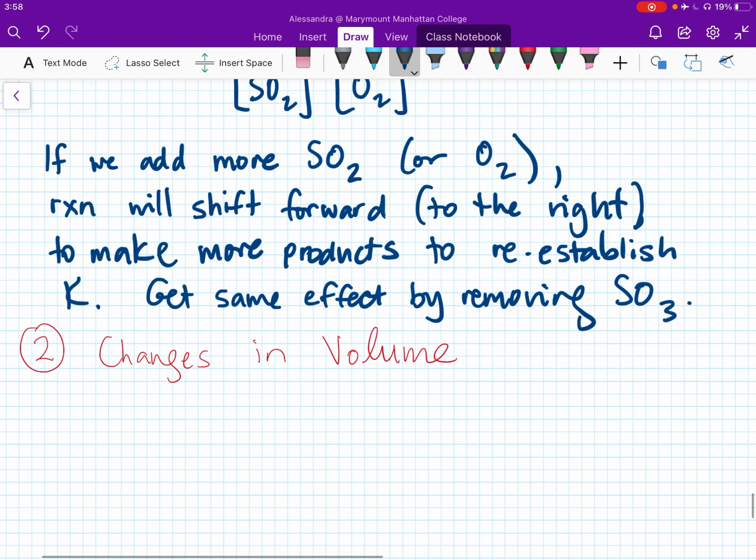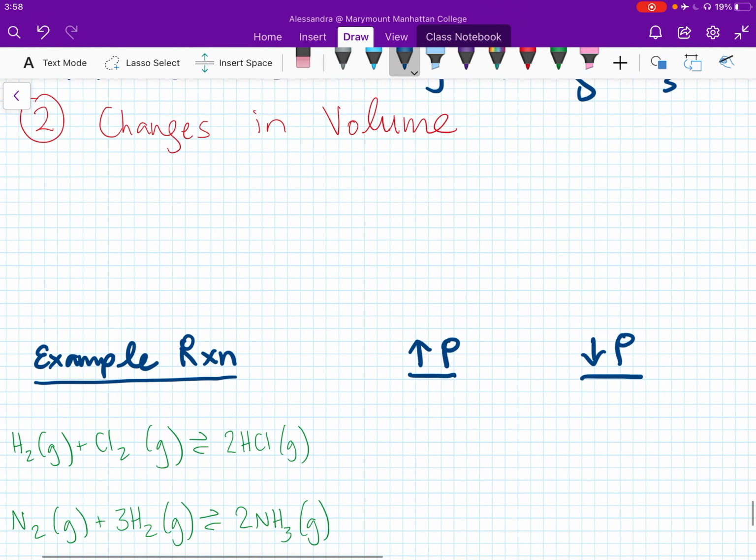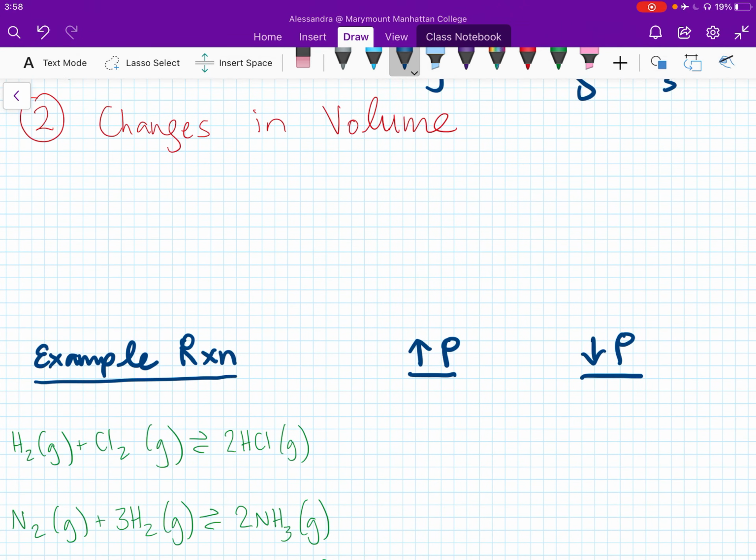Another way we can think about Le Chatelier's principle is by talking about what happens when we get changes in volume. And this only affects reactions that have gaseous species in them because we're talking about pressure-volume changes. You probably remember from studying gases that as we increase pressure, we decrease volume.